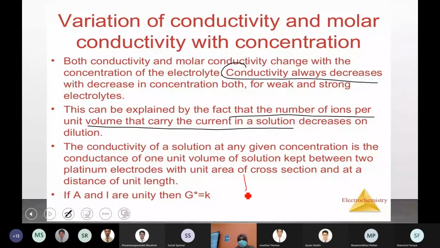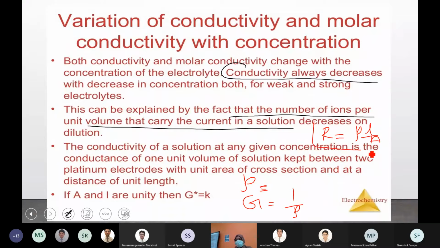Resistivity rho is the constant you are getting. Resistance R is equal to rho into L by A, right? And conductivity G is equal to 1 by rho.